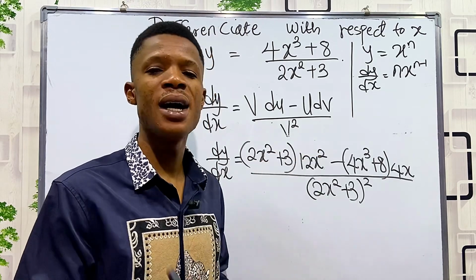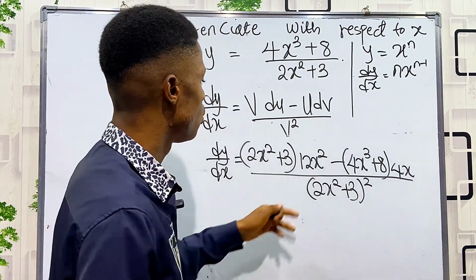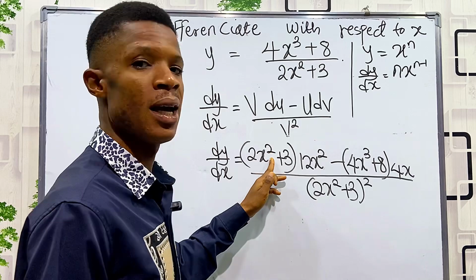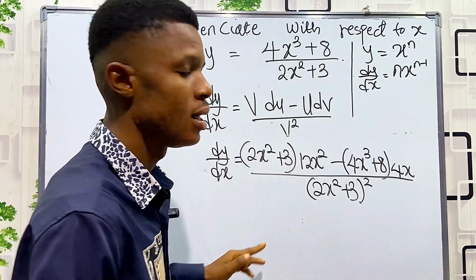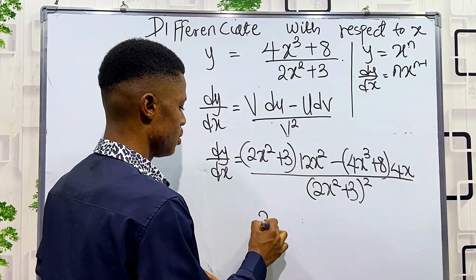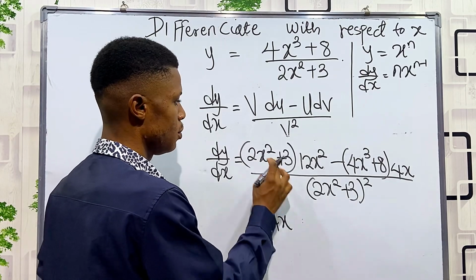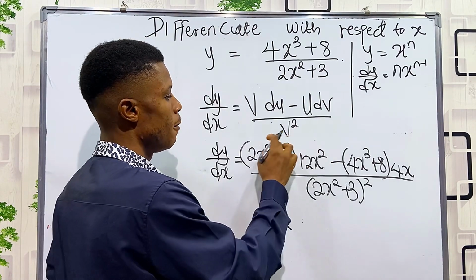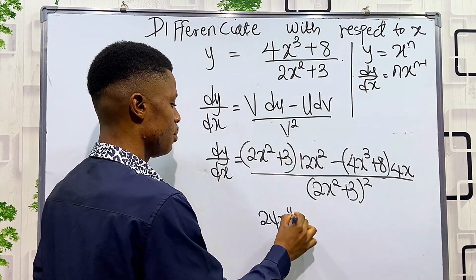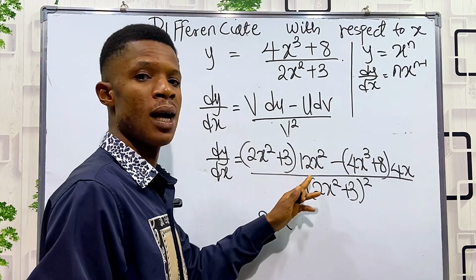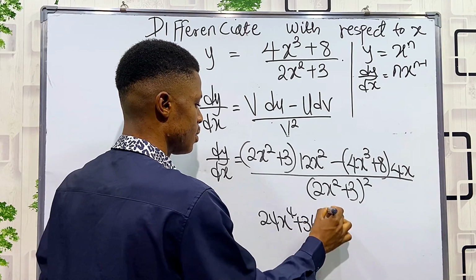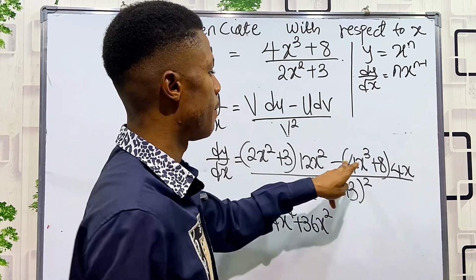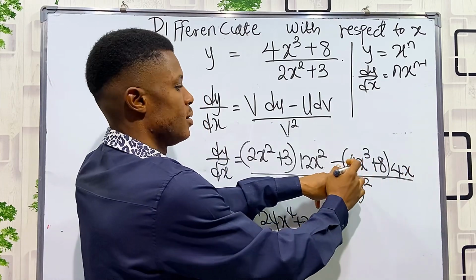So let's simplify the numerator first. We use 12x squared to multiply everything in the bracket. 12x squared times 2x squared is going to give us 24x to the power of 4. You just have to add the powers there. Then multiplying 12x squared by 3, we have plus 36x squared. Then we use minus 4x because of this minus.